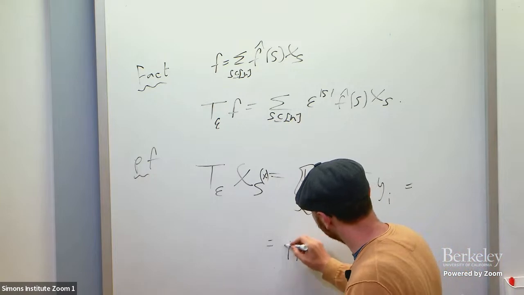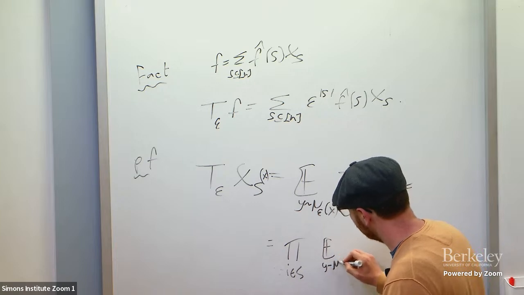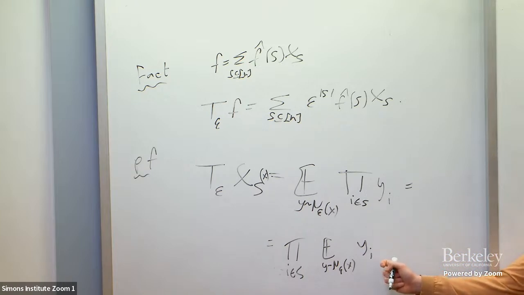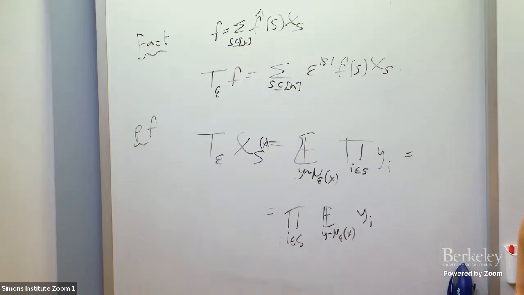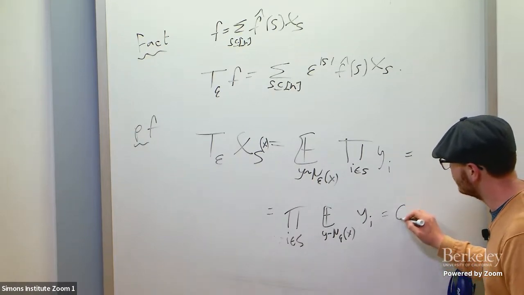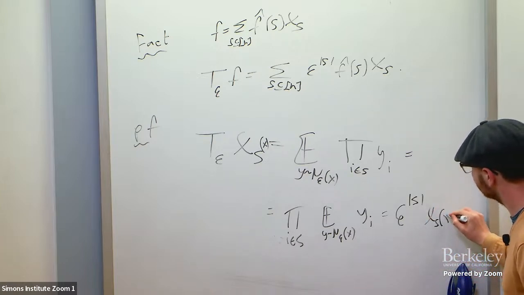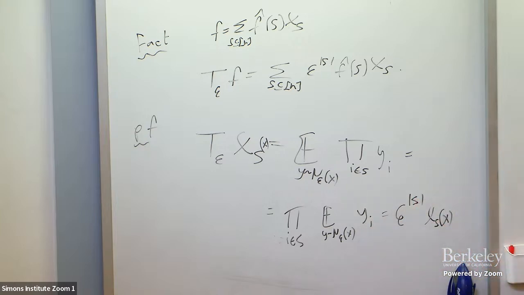So this is the product over i in S of the expectation of yi. But yi is xi with probability epsilon, and otherwise it's uniformly distributed, so it has expectation 0. So this is equal to epsilon to the |s| times chi s of x.